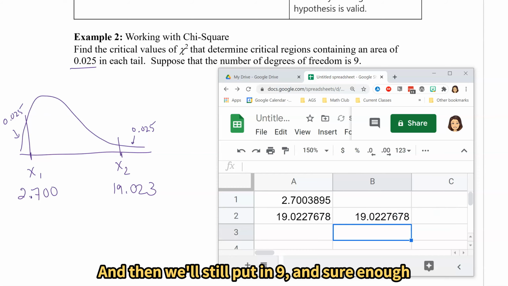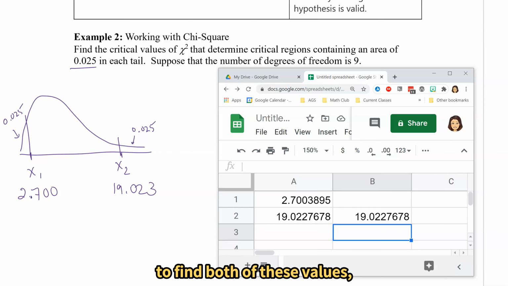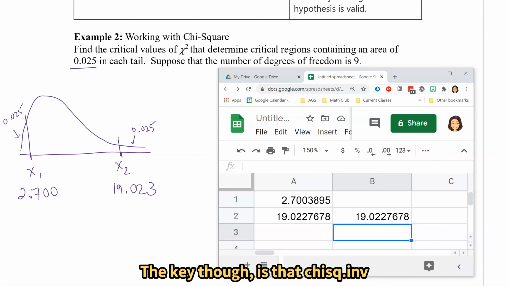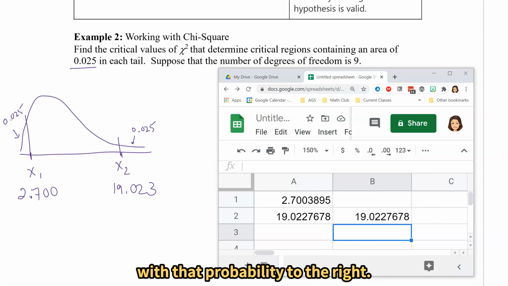And sure enough, we get that same value. So we are able to use the same function to find both of these values, or we use one for the left and one for the right. The key, though, is that chi-square.inv is giving us the x value with the probability to the left. Chi-squared inverse.rt is going to give us the x value with that probability to the right.